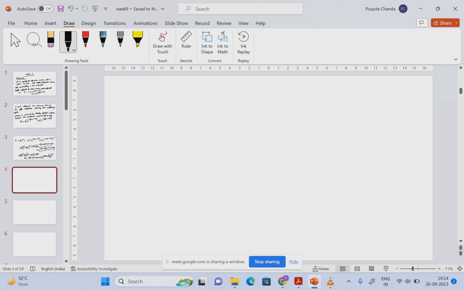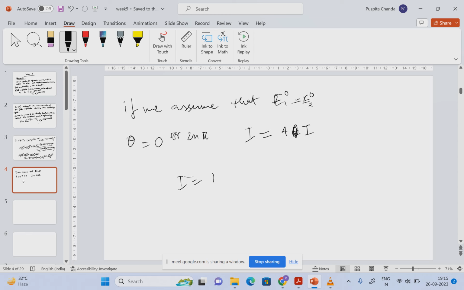So if we now assume that E1 naught is equal to E2 naught, we will see that for values of theta near or equal to 0 or 2 pi, the intensity is 4 times I, because I1 plus I2 plus 2 E1 naught E2 naught, and E1 naught is equal to E2 naught.